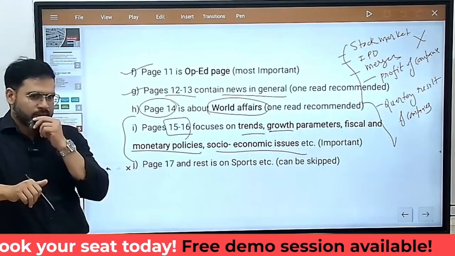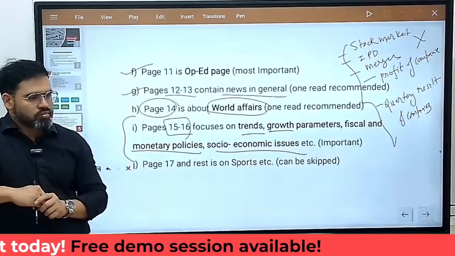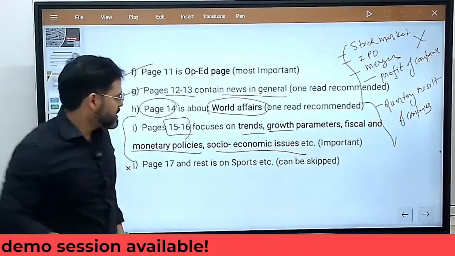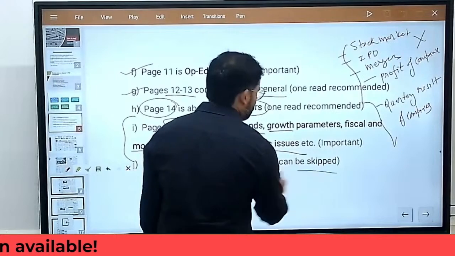Then page number 17 and sports. Again, it can be still not very important.